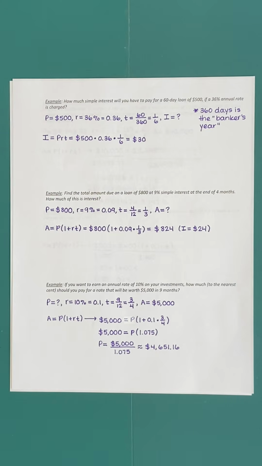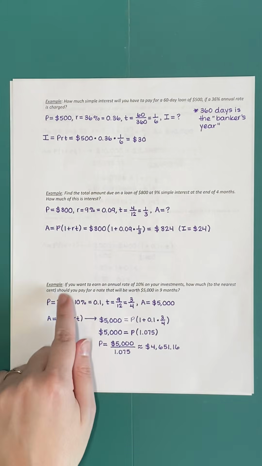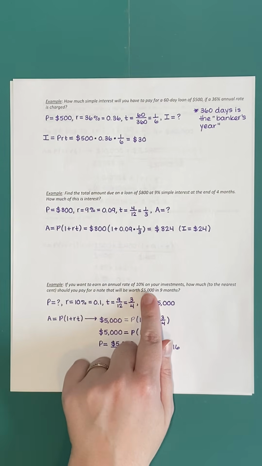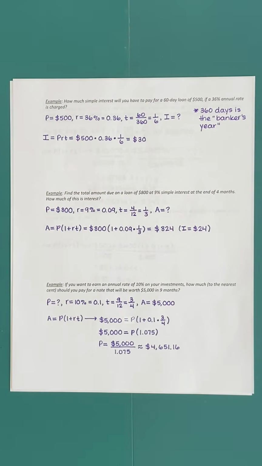What we've been asked is how much we should pay now in order to get something that will be worth $5,000 in the future. Another way of saying this is, what should we invest now in order to earn enough to have a total of $5,000?